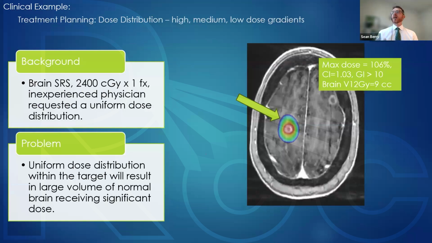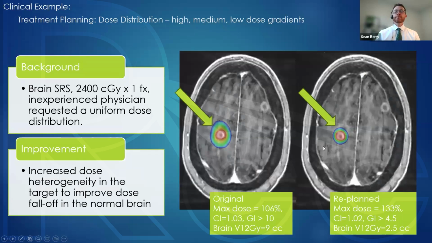They asked to keep the dose in the PTV as homogeneous as possible. So when the planner created a plan like that, they gave them a nice low hotspot, 106. But the penalty of that is that the 50% isodose line was quite large, right? And you can see the gradient index was 10, and the normal brain tissue getting 12 gray was 9 cc, and that was quite high.